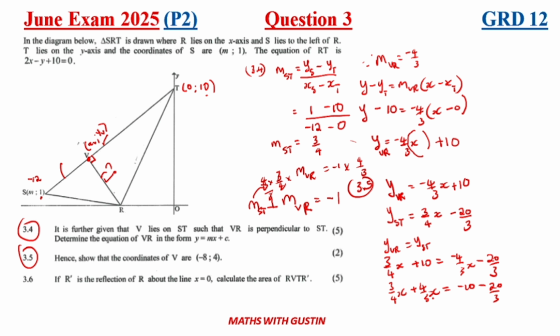So now what we do in this case, you need to simplify the fractions. On this side we are going to have 25 over 12 x, when you add the two fractions together, and on this side negative 50 over 3. So you need to solve for x. You can just multiply both sides by 12 over 25, then all that will cancel out.